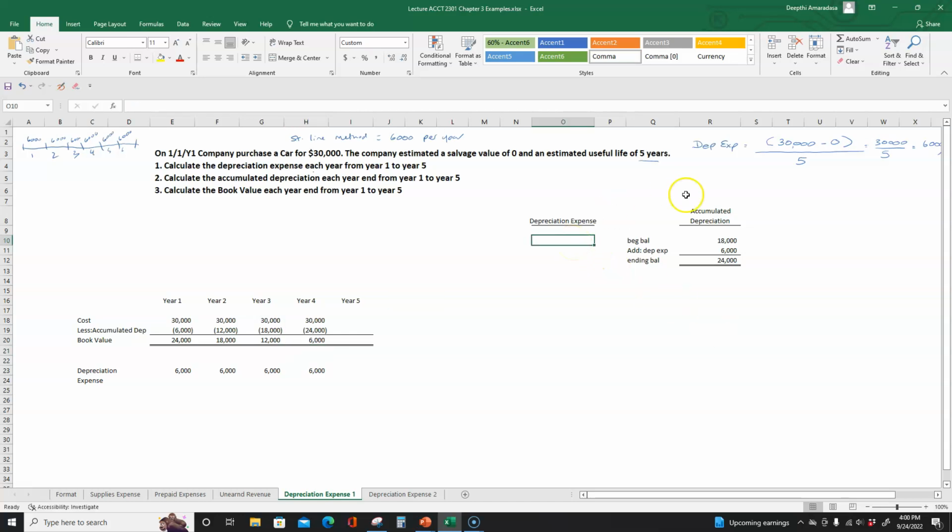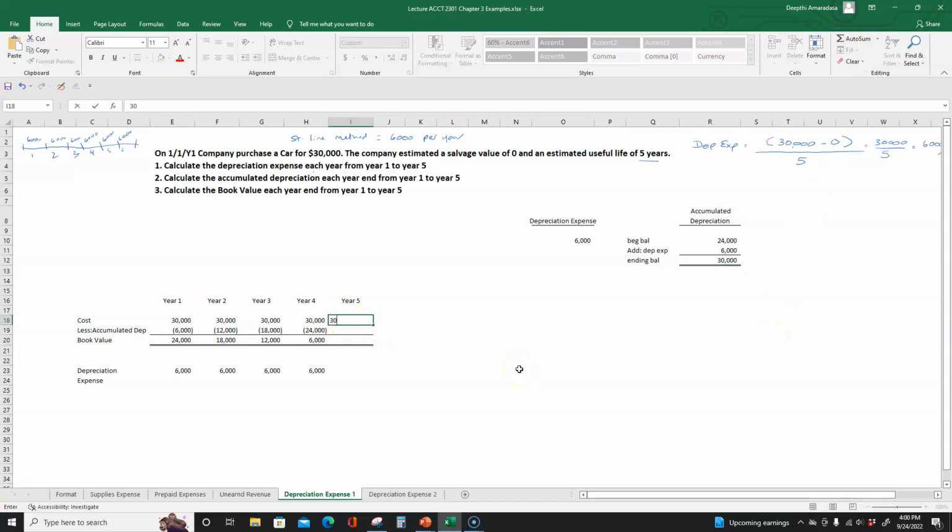Final year, year 5. Let's delete everything here. Again, we have another depreciation expense for year 5 for $6,000. That will also be shown in your accumulated depreciation. Don't forget your beginning balance of $24,000, which gives us an ending balance in accumulated depreciation of $30,000.